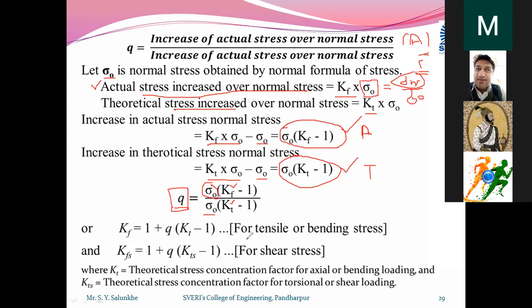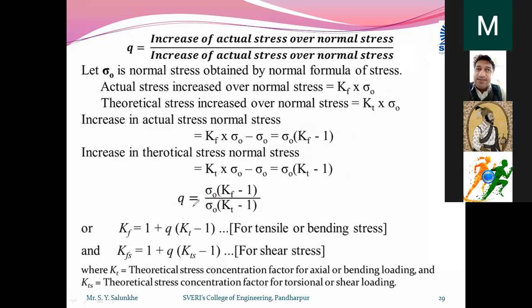Got it? Now this equation, I'll delete all these things. This equation we can modify again to calculate Kf. Kf is equal to 1 plus q, where q is notch sensitivity, into Kt minus 1. For tensile or bending stress, we use this value.